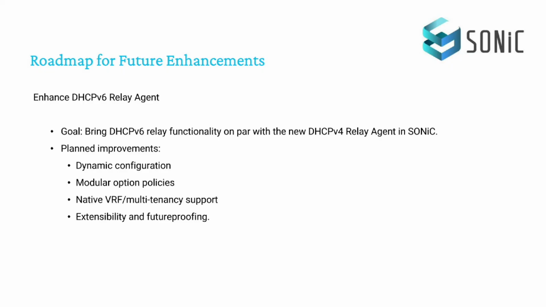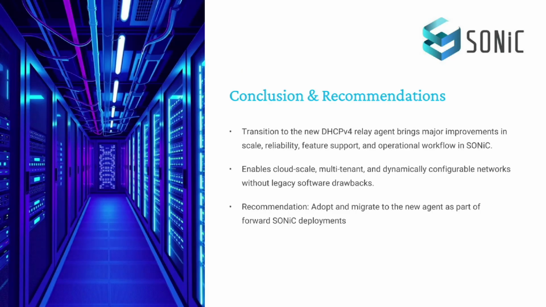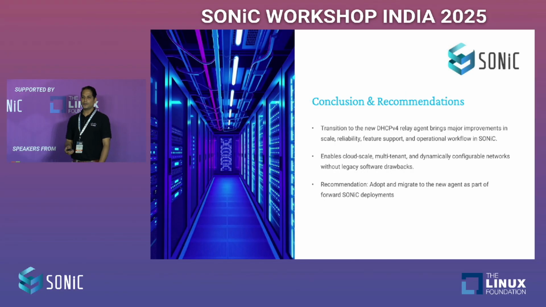We'll bring in modular sub policies for the sub options, VRF support, and then future extensibility for this particular option. Transitioning to this DHCP relay brings a lot of major improvements over present deployments, where you don't have to worry about too many processes getting spawned.